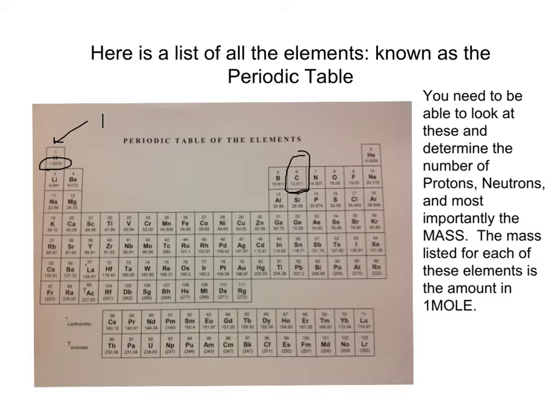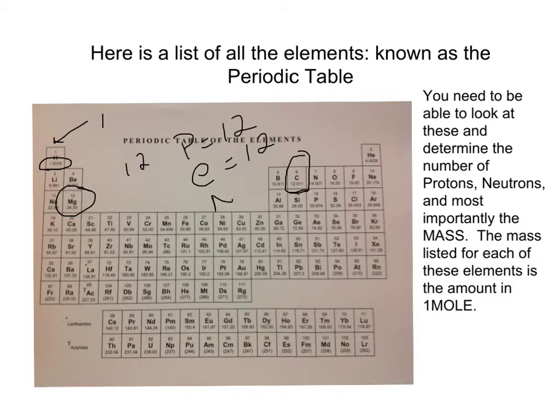So, if we were to take a look at, let's say, magnesium, its atomic number is 12. So its protons equal 12. Its electrons, since it is neutrally charged, equal 12.